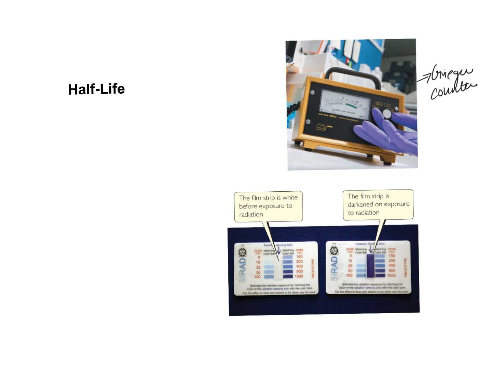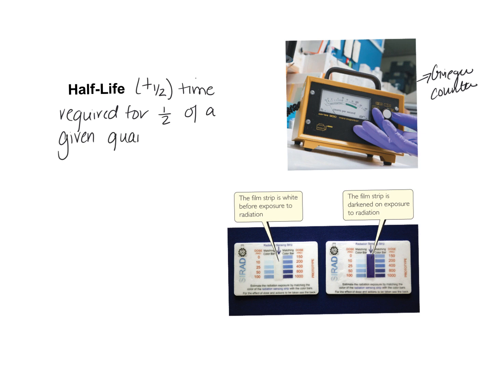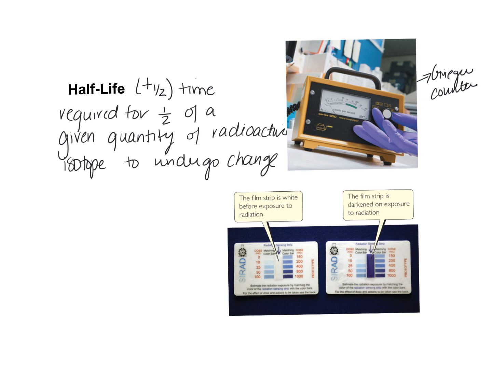So the other thing that we can use is half-life. Half-life is T1/2. That's the symbol for it. And that's the time required for 1/2 of a given quantity of radioactive isotope to undergo change.